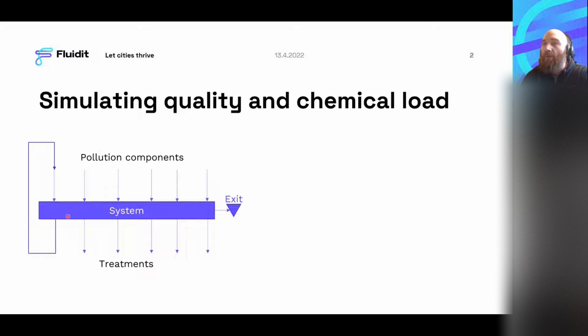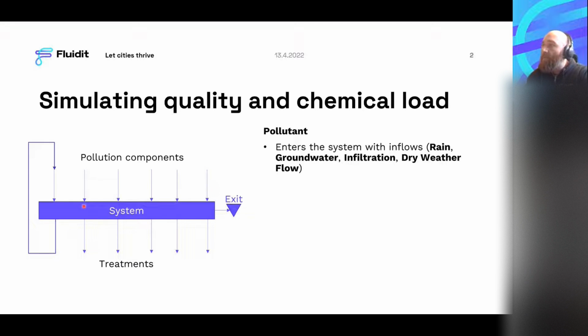The treatments can also change a chemical to another pollutant, so they might introduce new pollutants during the conveyance. The pollutant enters the system with inflows, so rain, groundwater infiltration, or dry weather flow.